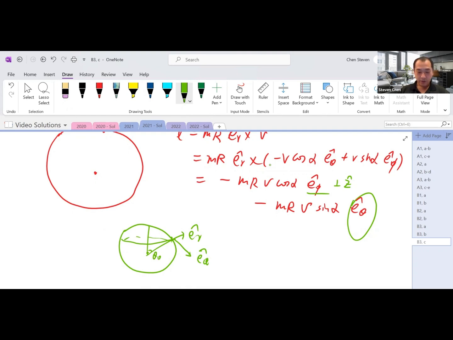So what is its z component? That is equal to a negative of sine of theta 0, so the negatives cancel out, and it's positive.